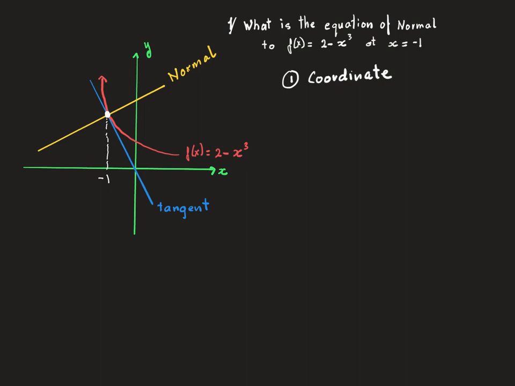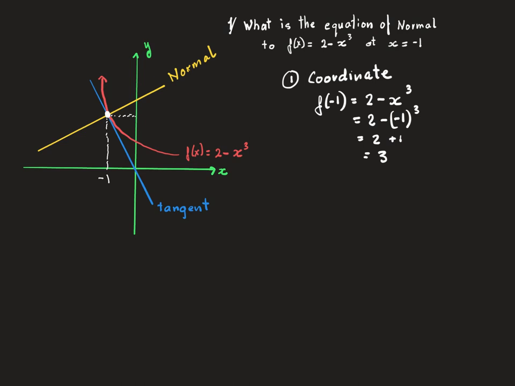Now the other part of the coordinate will be the value of y. So we've got f at -1, which is 2 minus x cubed, and that is 2 minus (-1) all cubed, which is equal to 2 plus 1, which is equal to 3.